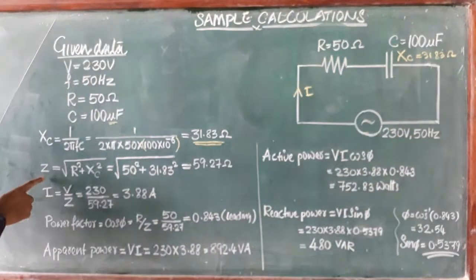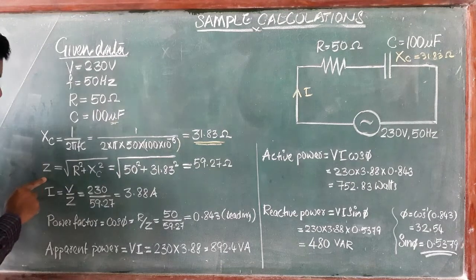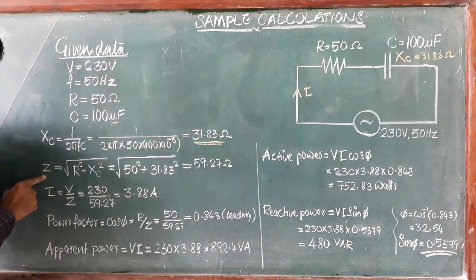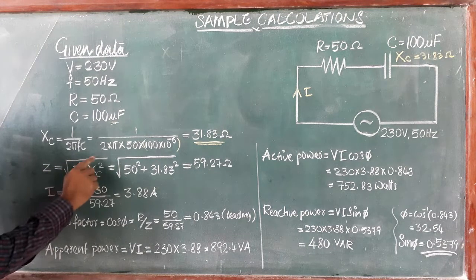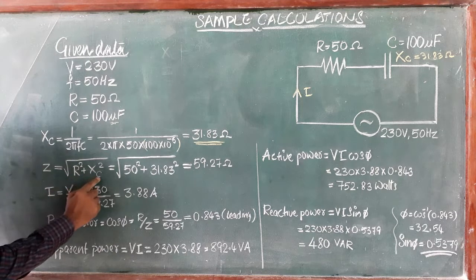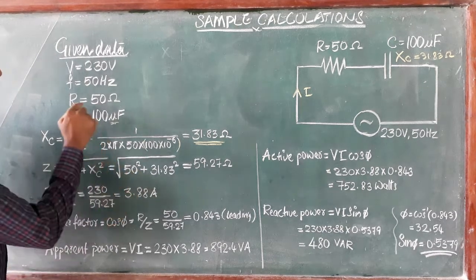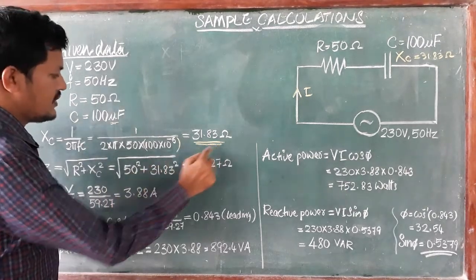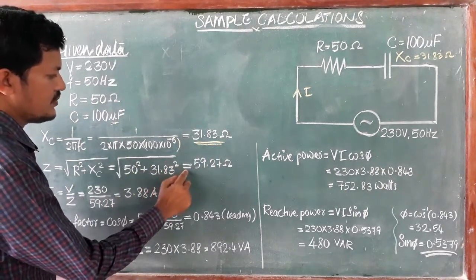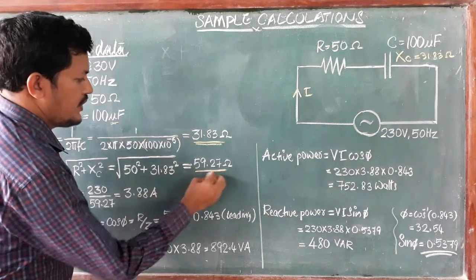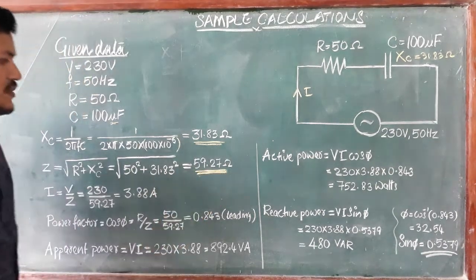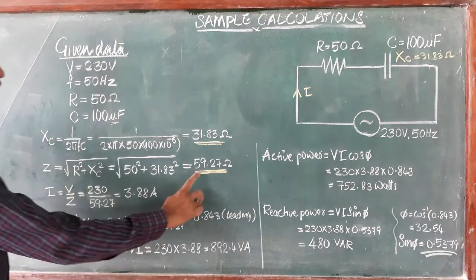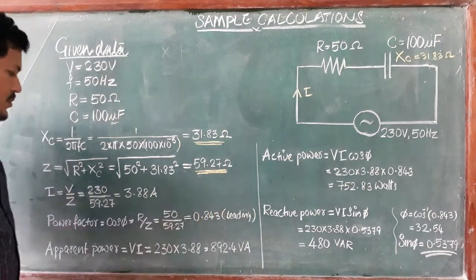Next we can calculate the total opposition offered to the current, that is the impedance. Impedance Z equals root of R square plus Xc square. R is given as 50 ohm, so 50 square plus the calculated Xc 31.83 square, and we will get 59.27 ohms. So Z equals 59.27 ohms.